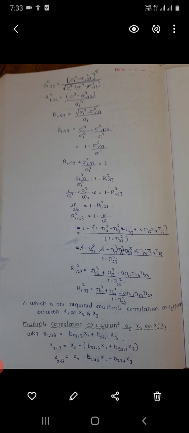So sigma 1.23 square by sigma 1 square is equal to 1 minus R1.23 square. This becomes 1 upon sigma 1 square into sigma 1 square upon omega 1 into omega equal to 1 minus R1.23 square. Already proved, this is omega divided by omega 1. Therefore, sigma 1 square cancelled, and omega divided by omega 1 is equal to 1 minus R1.23 square.